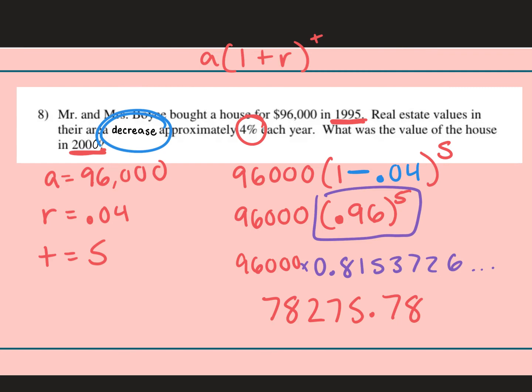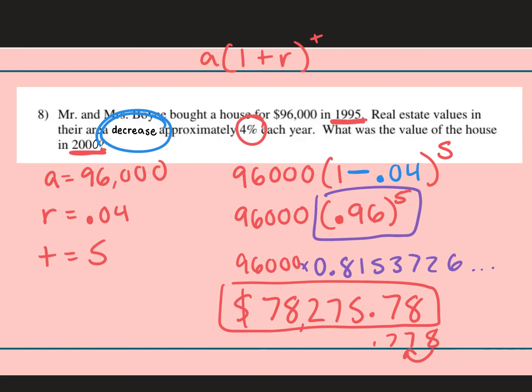In a calculator, we get 0.778, so then the 8 means we round up that decimal, to 2 decimal places. So this one, our number gets smaller because we're decreasing. So the value decreases every year. So that's why our number ends up smaller than the starting amount.